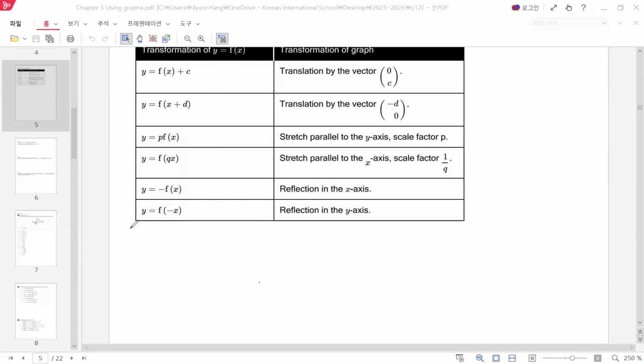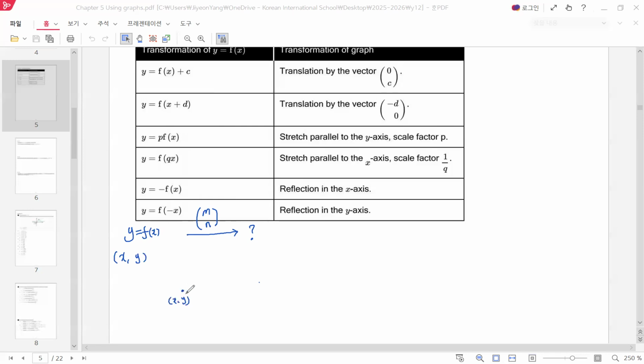So let's say that there is an equation y equals f(x). I want to find a new equation after translation by vector (m, n). I'm going to do it together, okay? I want to find the new equation. And then let's find the natural way. There is a coordinate (x, y).